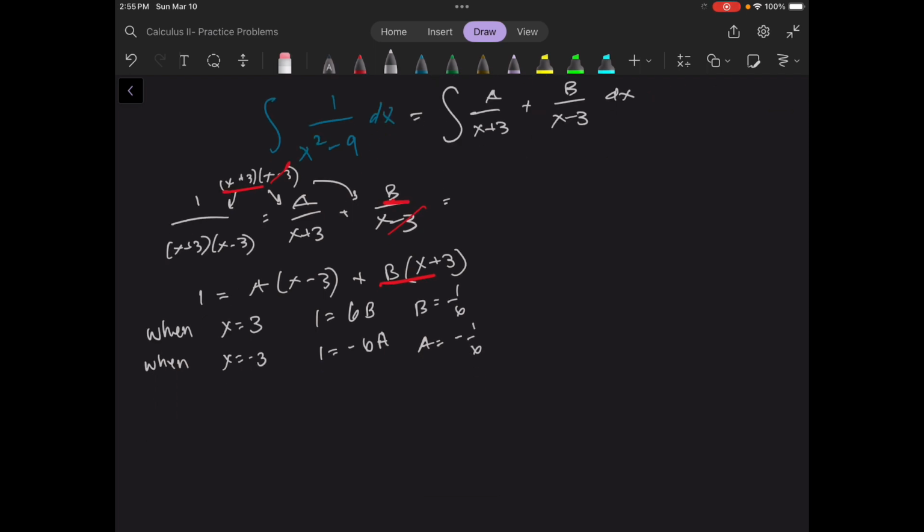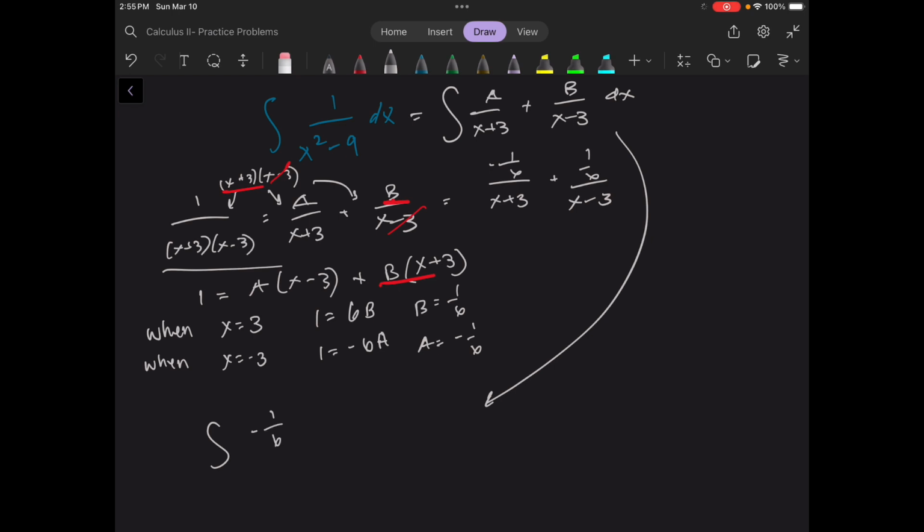So now 1 over x plus 3, x minus 3 is just negative 1/6 over x plus 3 plus b, which is 1/6 over x minus 3. So finally, the integral turns into negative 1/6 over x plus 3 plus 1/6 over x minus 3 dx, which is 2 easy natural logs.